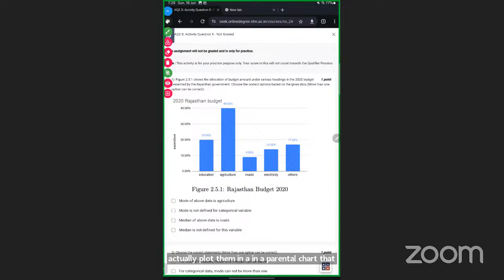Ordinal data are those data which are ordered, so we can order them, and they can be in a bar graph and pie chart.